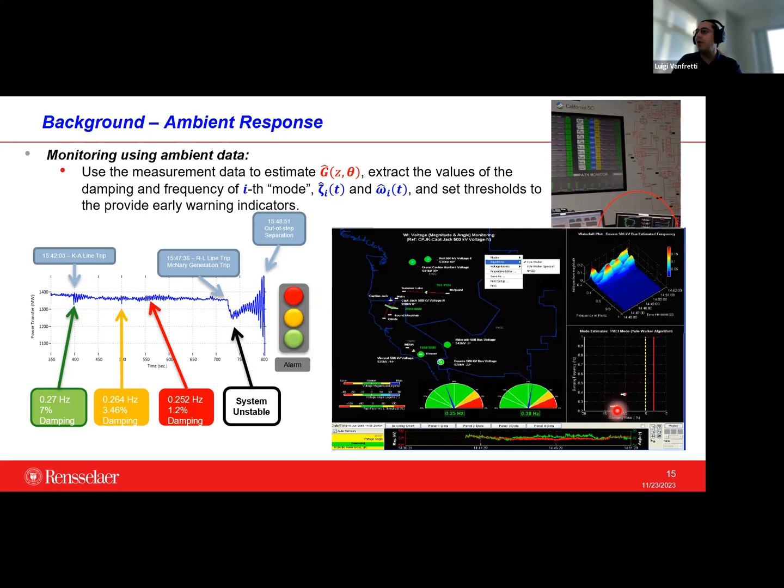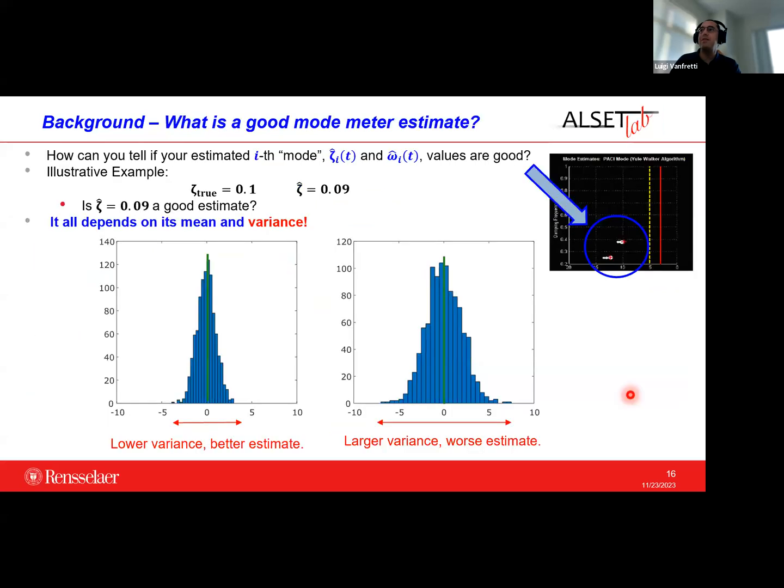And here at the bottom of the screen, you can see the two modes that are being tracked. The distance to the damping line is easy to just eyeball on the x-axis. That's why they do it like this. But what is important in this picture that I didn't have in the other one is that you can see the past estimates, right? As the system is moving, you have past estimates.